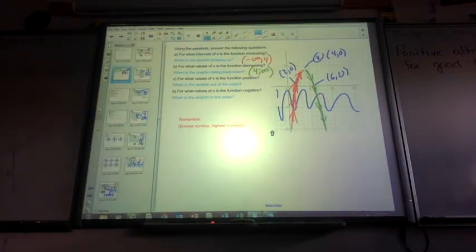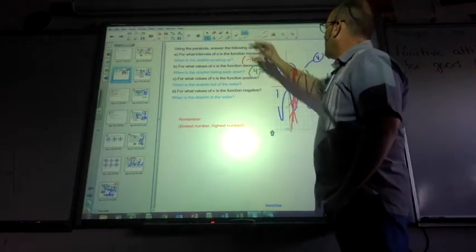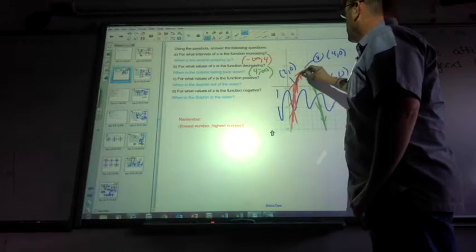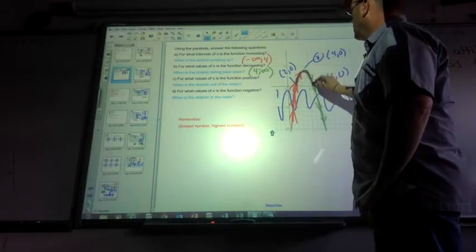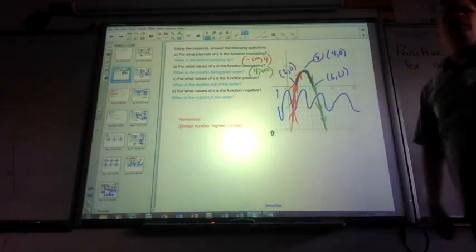For which values of x is the function positive? If I'm asking for where it's positive, what does that mean? It's above what? It's above the water, so it's above the x-axis. So this region here, this is where our function is positive.